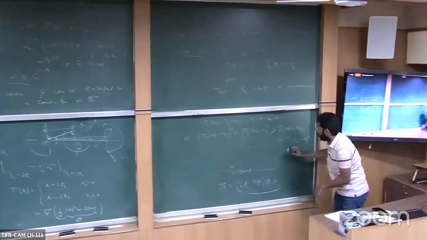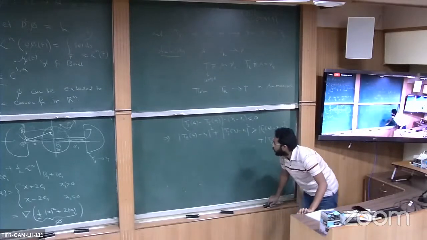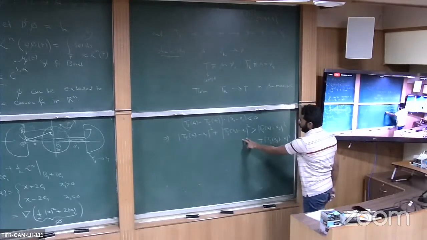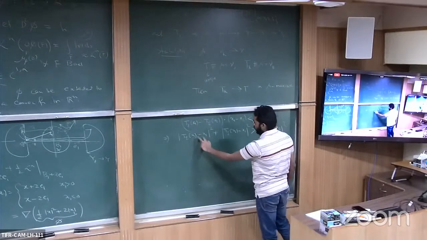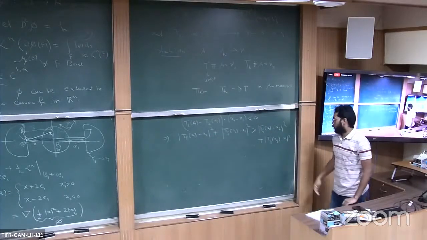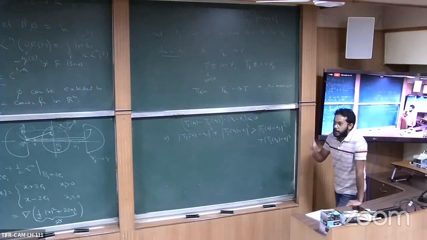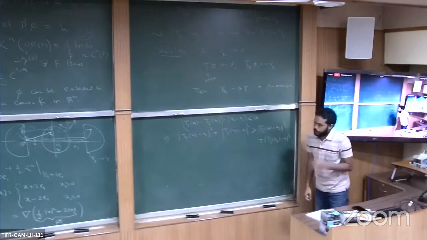This inequality contradicts optimality, because you are sending the point x1 to a point which costs more than doing it otherwise. So that proves the optimal map is discontinuous.